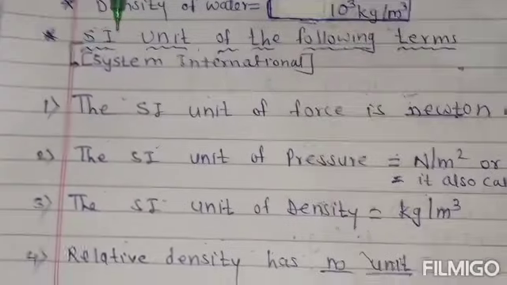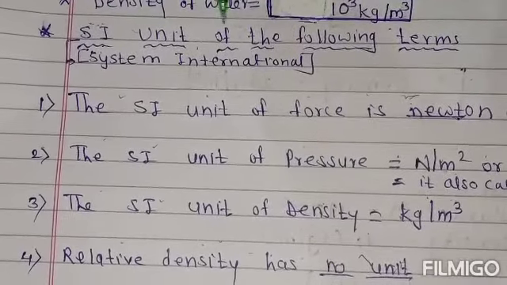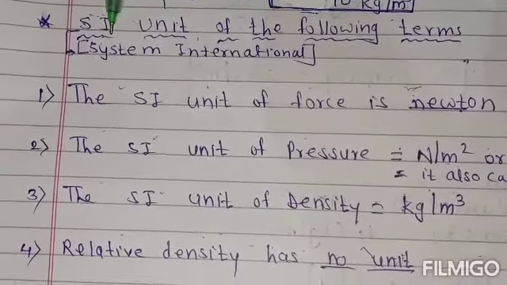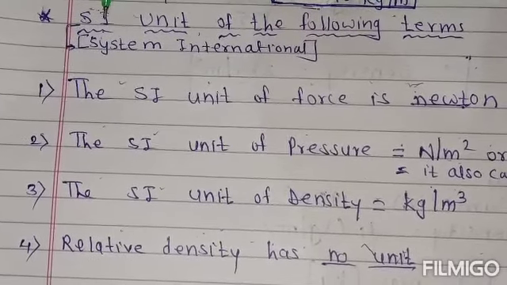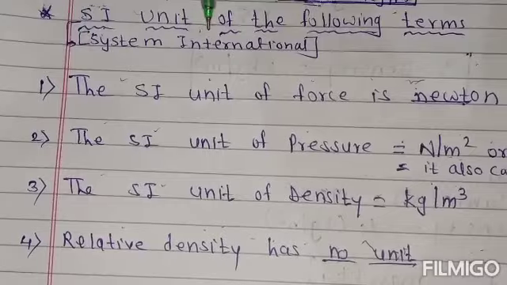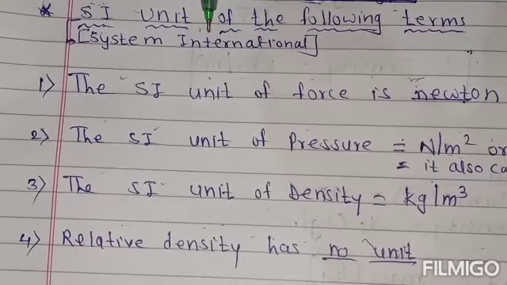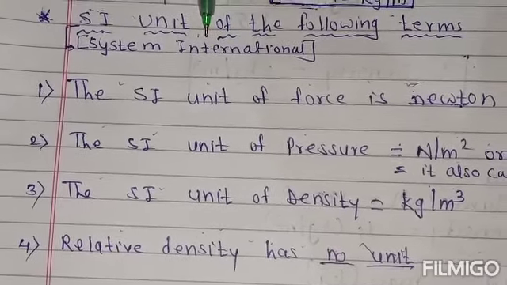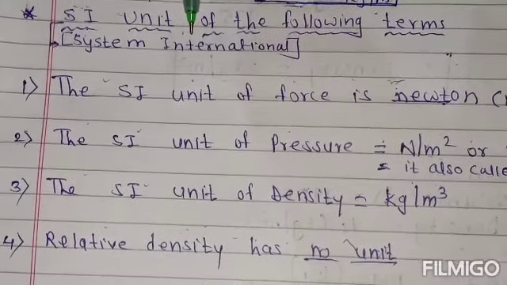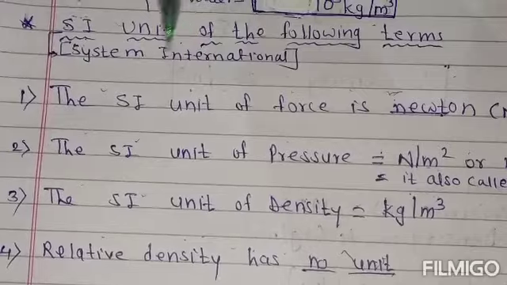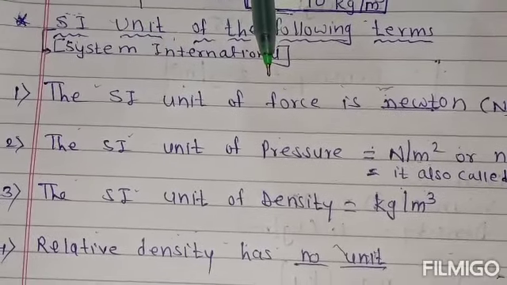Now let us see the units, that is the SI unit of the following terms. S stands for system, I stands for international. So we are seeing the SI unit of some physical quantities like force.